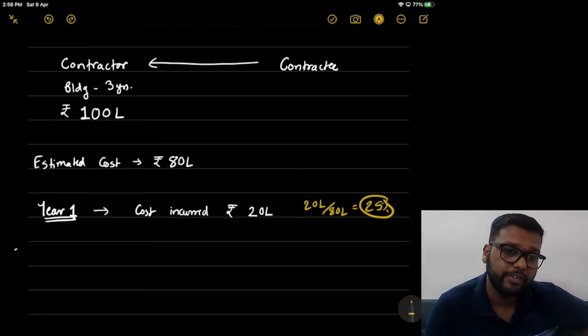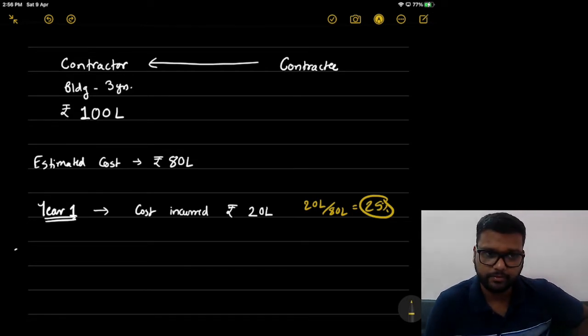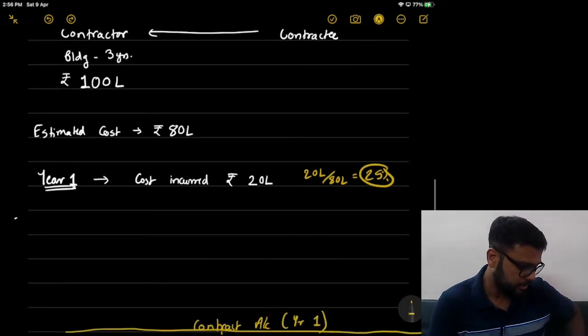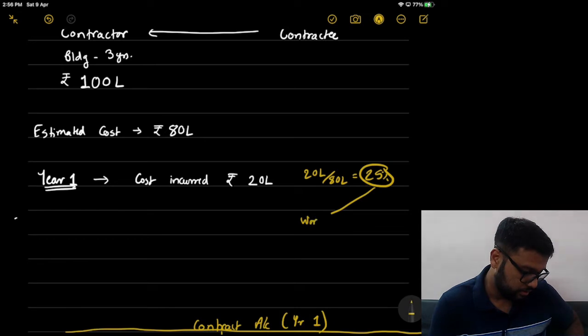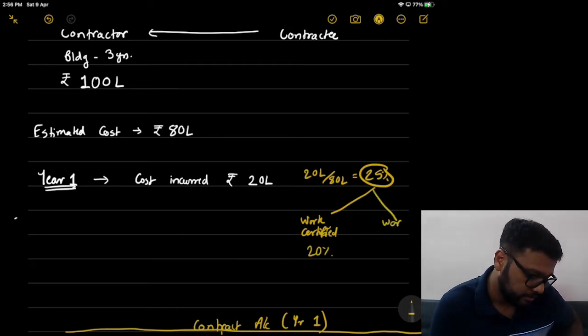That means work certified by the contractee is 20%. That means how much percent is still uncertified? 5%. Right.